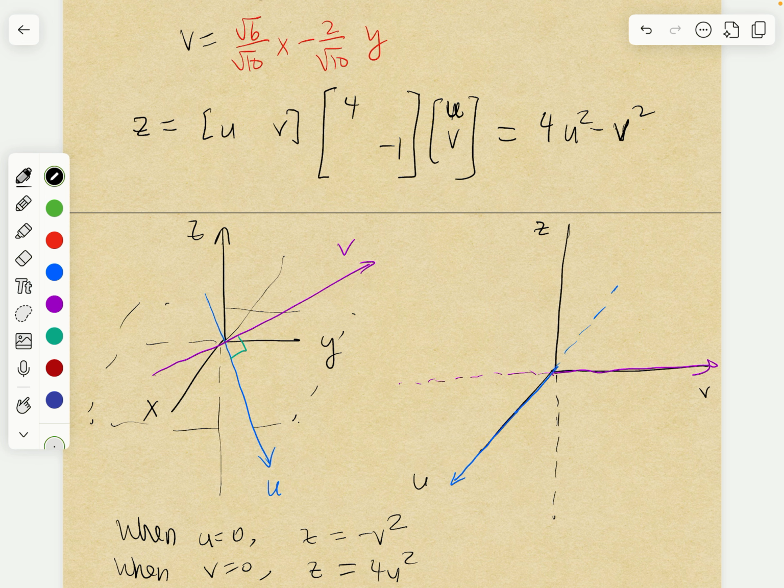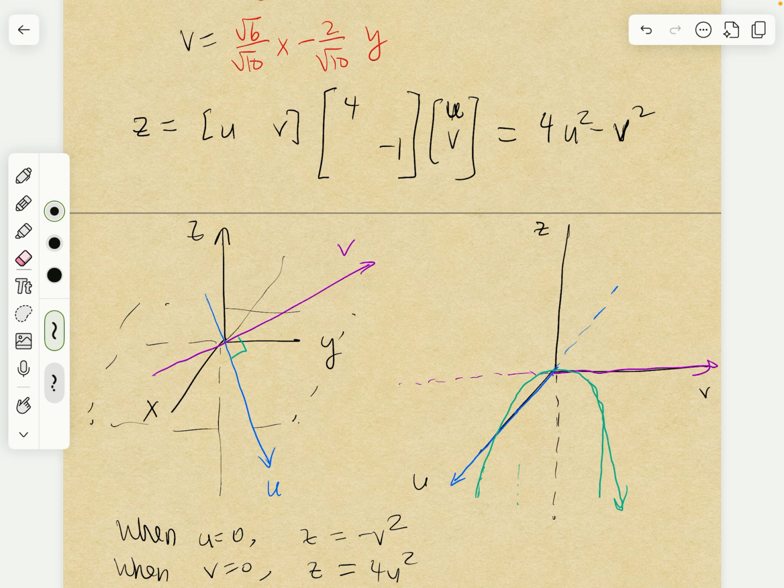So when u is 0, z is negative v squared, and so you're going to get this downward parabola on the zv plane, like this. And on the zu plane, it's 4u squared, so you're going to get this.